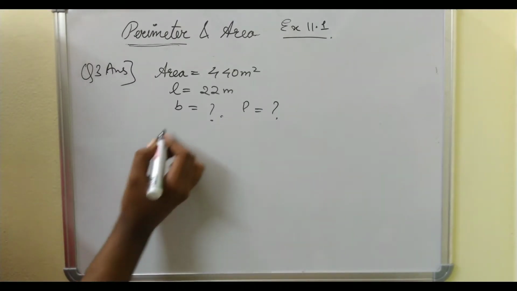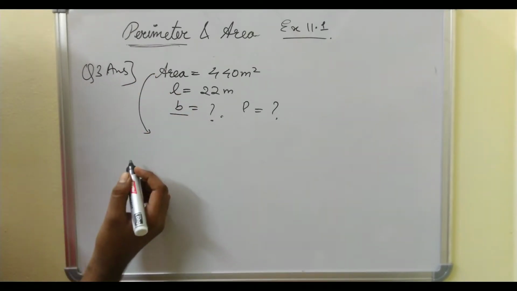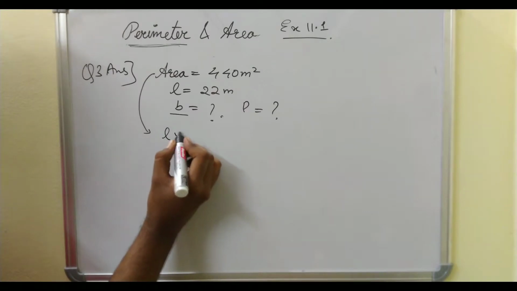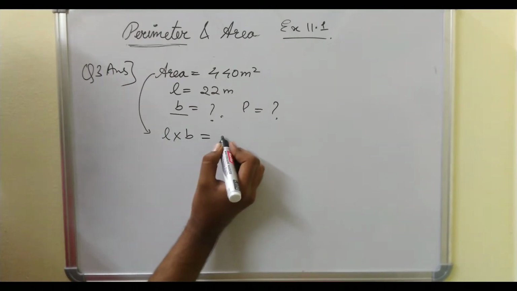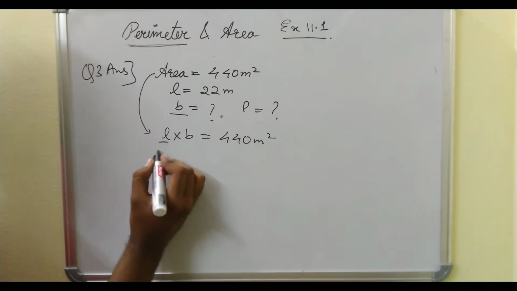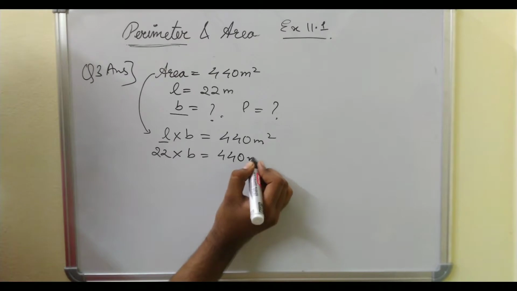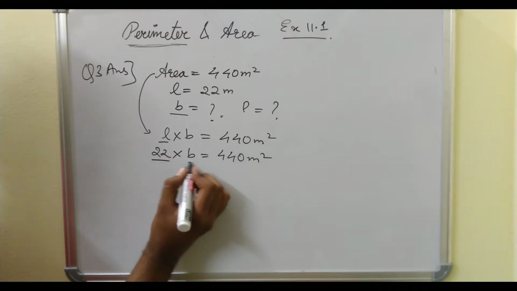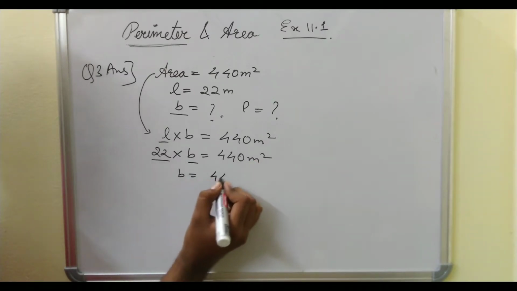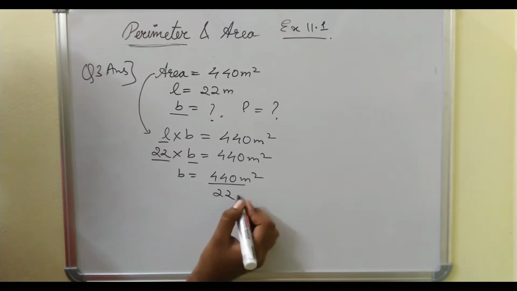So first of all we'll find the breadth using the area. Area of the rectangle is L into B, which is nothing but 440 meters square. So L is given, that is 22, into B, which is equal to 440 meters square. So B is equal to 440 meters square by 22.